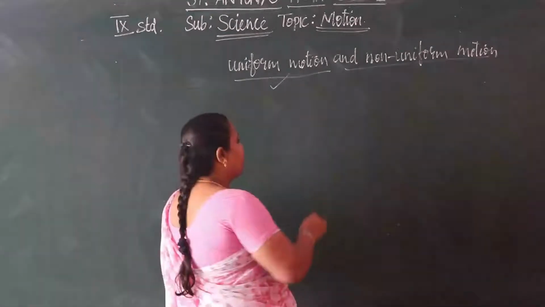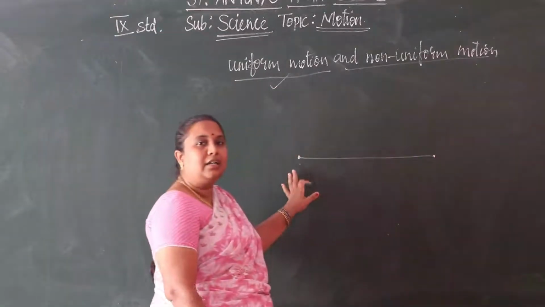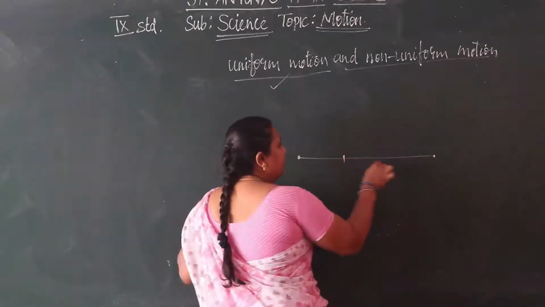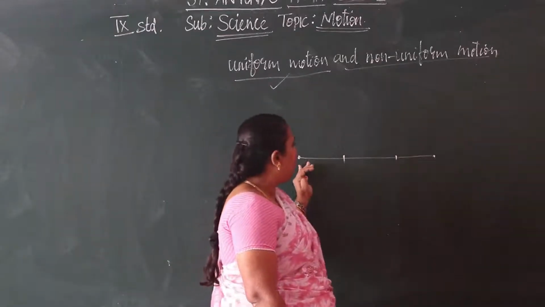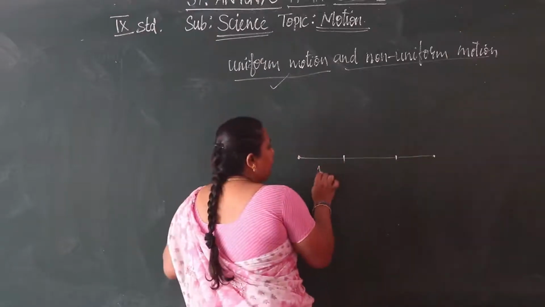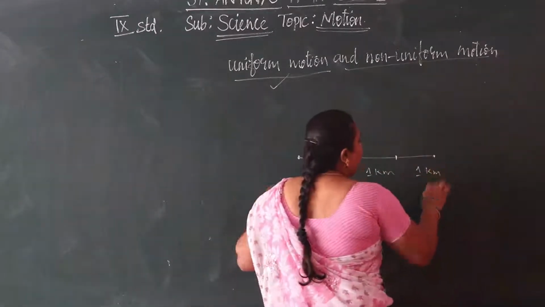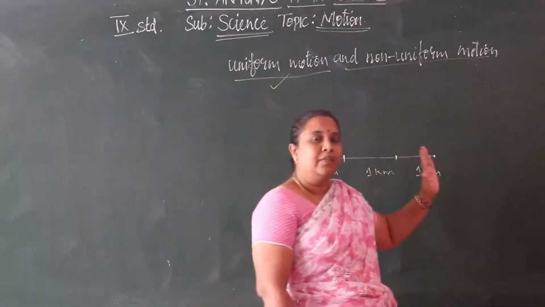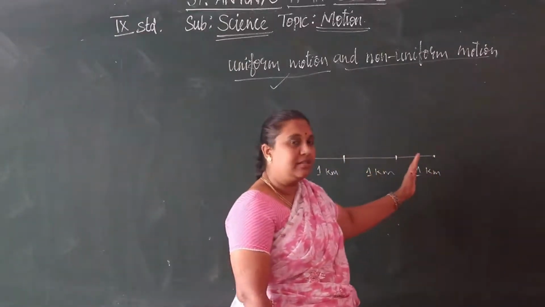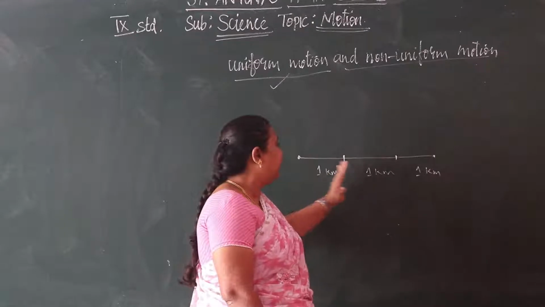A vehicle is traveling from here to here. We can take this as 3 kilometers: first kilometer, second kilometer, and third kilometer. So totally we have 3 kilometers here. A vehicle is passing through this much.